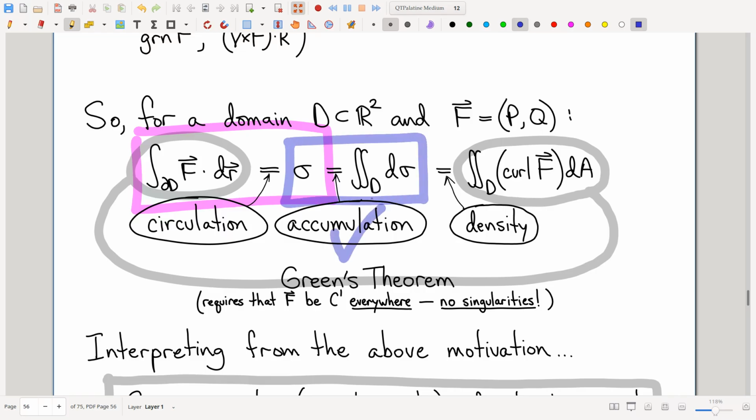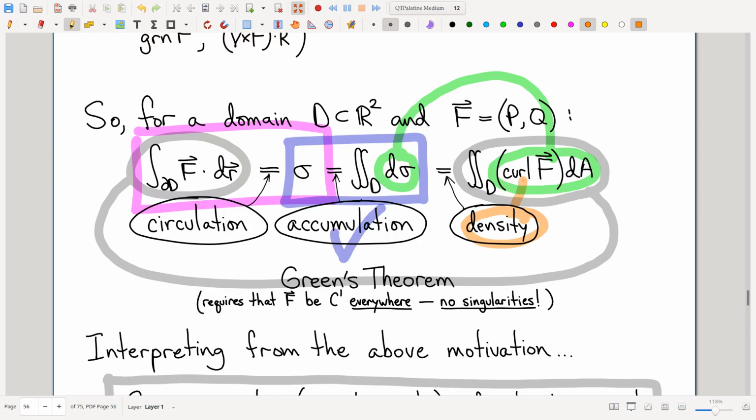So the whole is the sum of the parts, and I can therefore write it as a Riemann sum of a bunch of little d sigmas. And those little d sigmas, stuff is density times size, and we have a density.